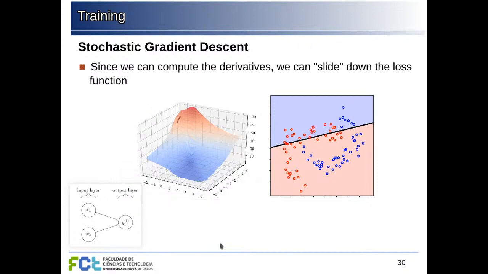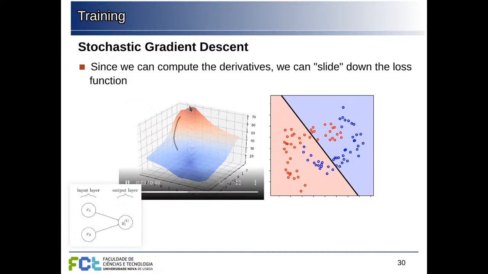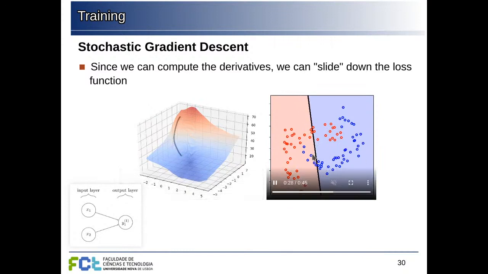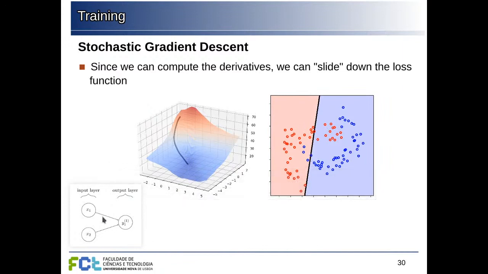So here I'm representing in this graph the two parameters that we have, the two weights of the pseudo neuron we have here, as the two axes in the plot, and the depth, so the z-axis, is the loss function. We have a peak here where we have lots of errors, and then as we go down we start reducing the number of errors until we find the best combination of parameters here for minimizing the classification errors on these data.